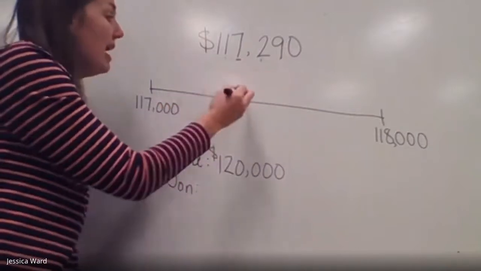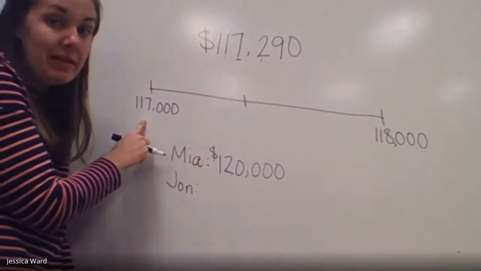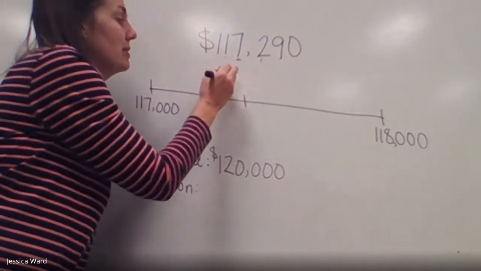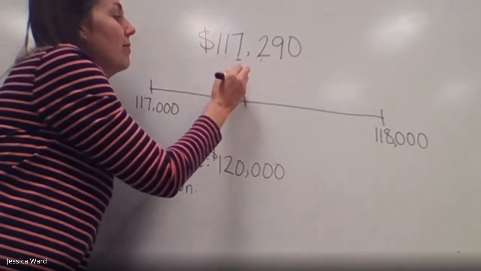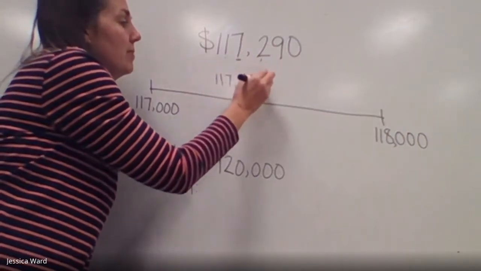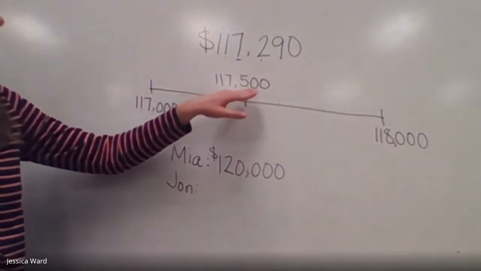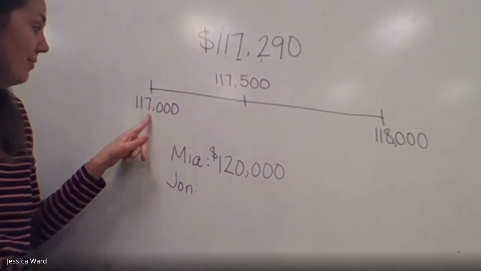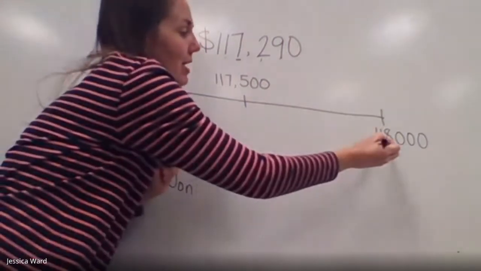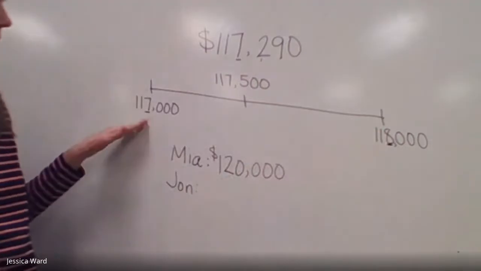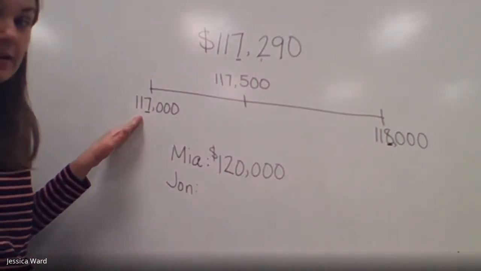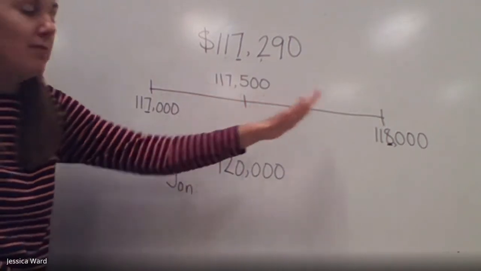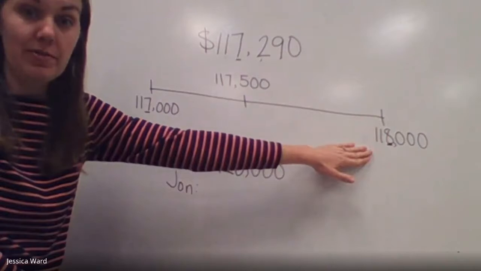So halfway between 117,000 and 118,000 would be 117,500. I got that by thinking about 500 is halfway between thousands. I have 7,000 here, I have 8,000 here. So 117,000, if I keep counting on, I would get 117,500 before I got to 118,000.